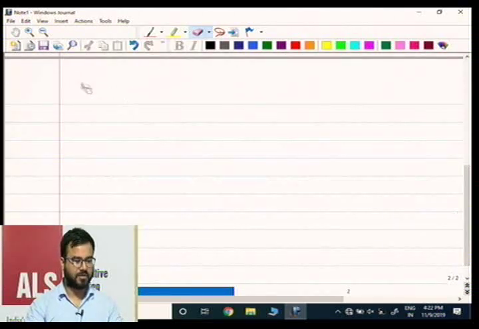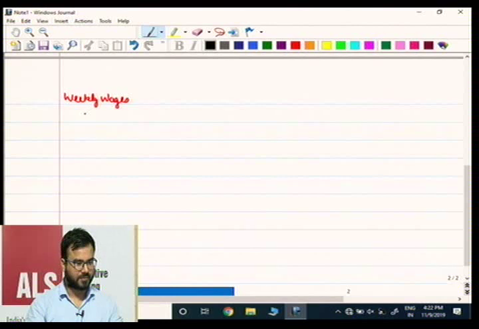I am writing in the columns: the weekly wages in rupees.